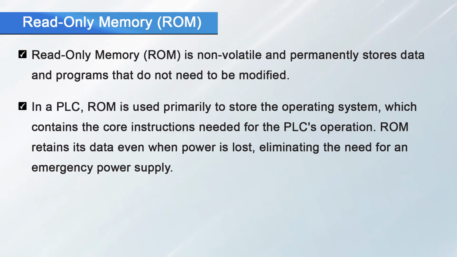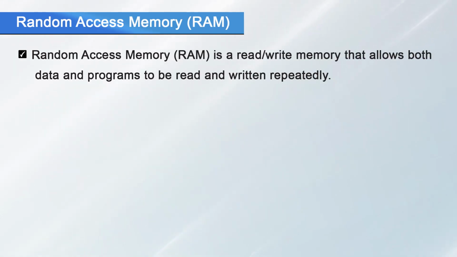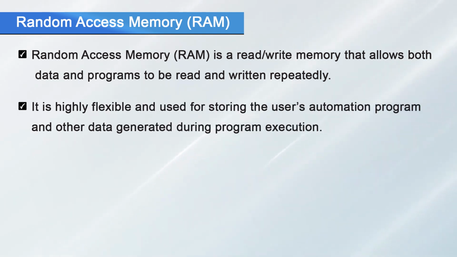Next is the random access memory called RAM. It is a read or write memory that allows both data and programs to be written and read repeatedly. It is highly flexible and is commonly used for storing the user's automation program and other data generated during the program execution.